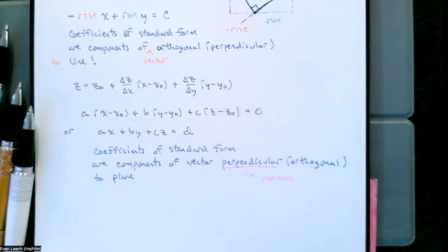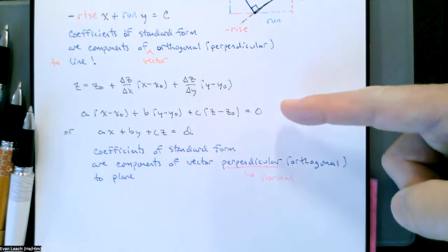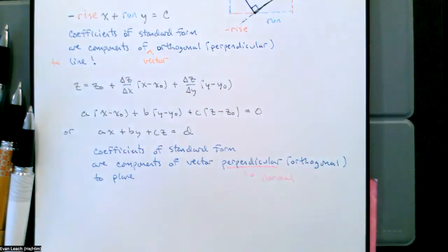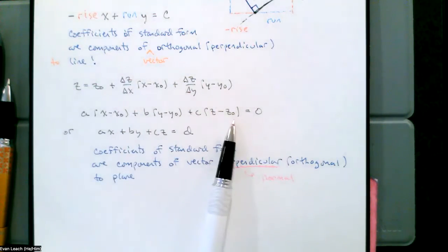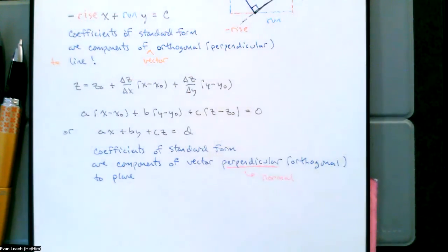In the same way, if I give you a point and a slope, dy dx or delta y over delta x, and a point, that's the equation of the line you would write. If I give you information about a point and the normal vector, you would just take the normal vector, drop in the coefficients, and drop in the point, and then you could sort out what your equation is. So we have a few ways of finding the equation of a plane depending on the information that we're given.